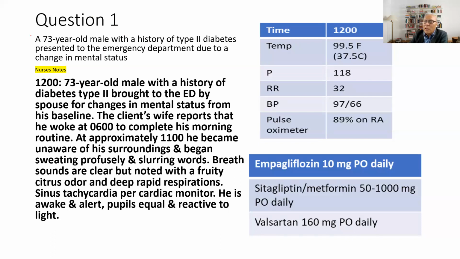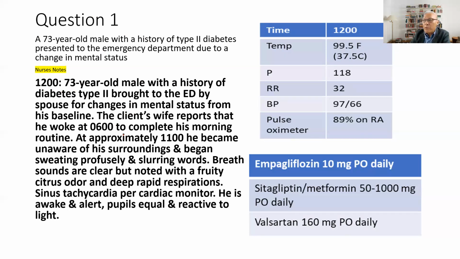A 73-year-old male with a history of type 2 diabetes presented to the emergency department due to a change in mental status. So the nurse notes at 12 o'clock, this is a 73-year-old male with a history of diabetes type 2, brought to the ED by spouse for changes in mental status from his baseline.